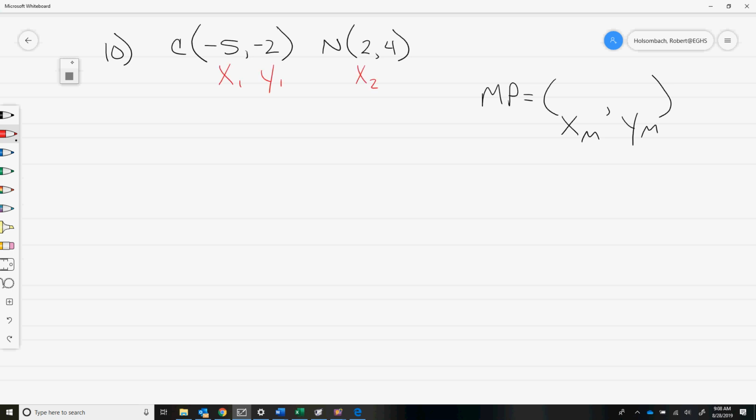Our X in the middle is equal to X sub 1 plus X sub 2 divided by 2. And our Y in the middle is equal to Y sub 1 plus Y sub 2 divided by 2.